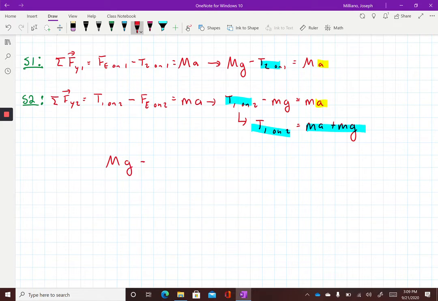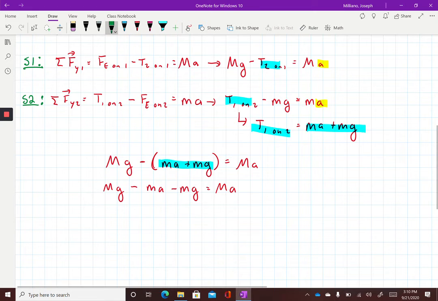Capital Mg minus this whole expression, lowercase ma plus lowercase mg, that's this tension, is equal to capital Ma. Keeping our highlighting convention alive for just one more line, so we can see that these are all those same tensions. Distributing that negative, we get capital Mg minus lowercase ma minus lowercase mg equals capital Ma.